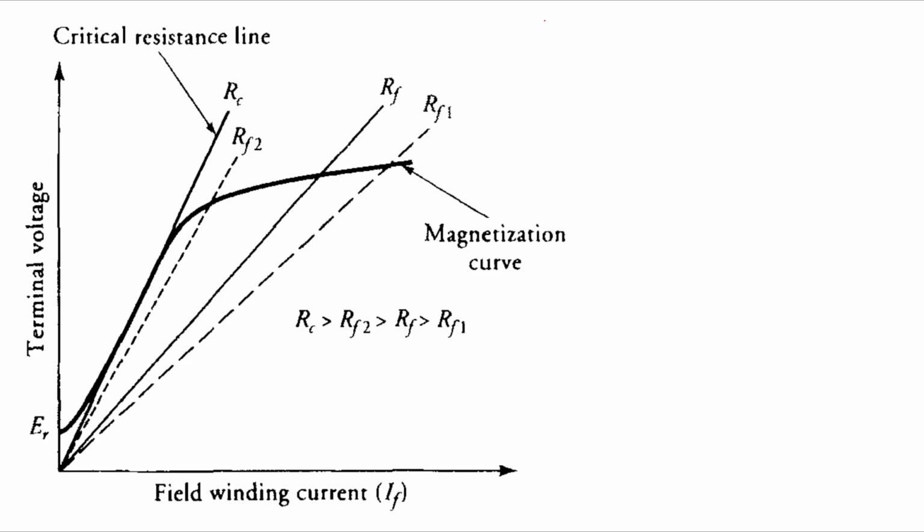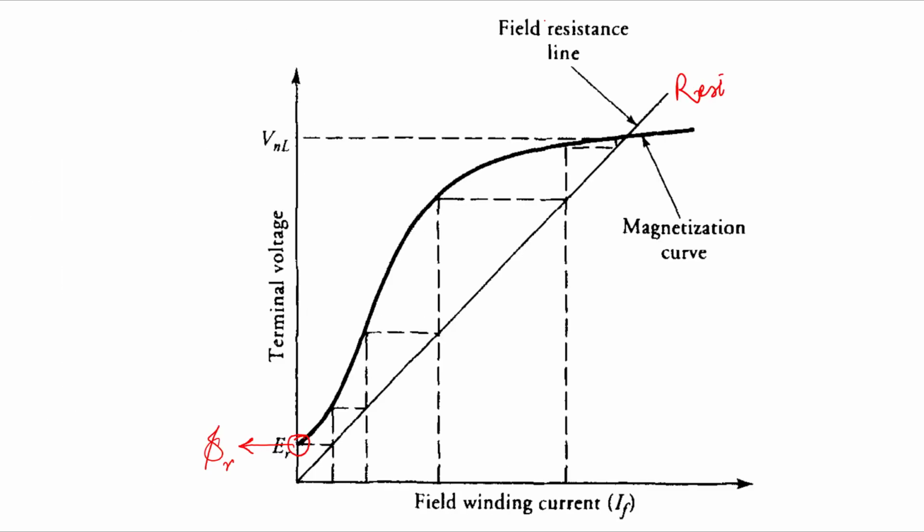This is your field resistance line, already mentioned here. So what will be the current now in the field circuit? It will be here. This is the current which will flow. Let us mark it as IF1.